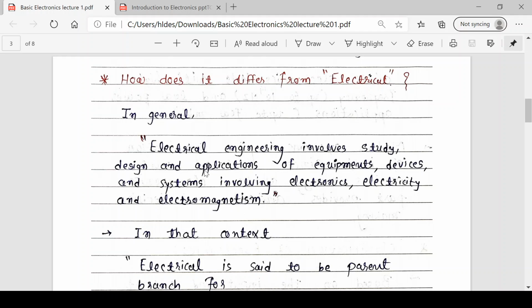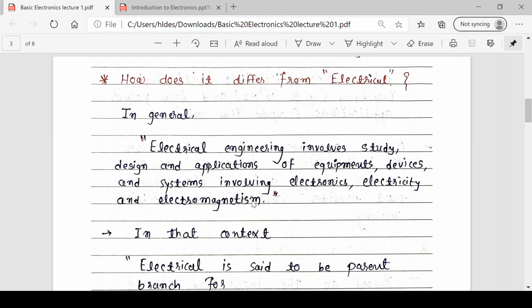Electrical engineering involves study, design and applications of equipment, devices and systems involving electronics, electricity and electromagnetism. That means electrical is a wider field. It incorporates electronics also, power generation also and electromagnetism.